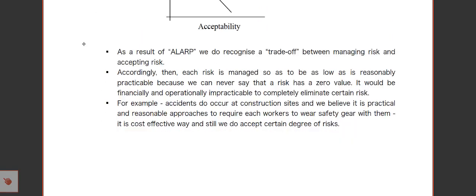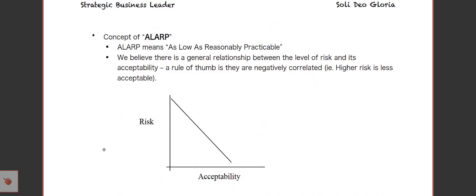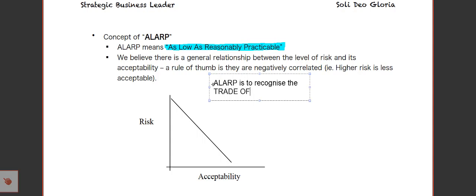Okay, there's this concept called ALAP. Now, ALAP basically is an acronym for as low as reasonably practicable. Now, the concept of ALAP is to recognize the trade-off.